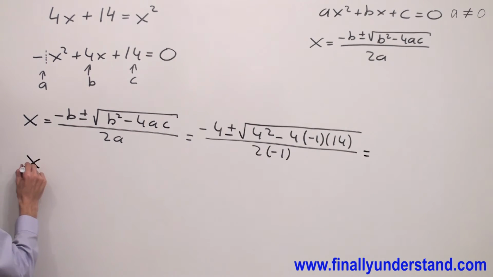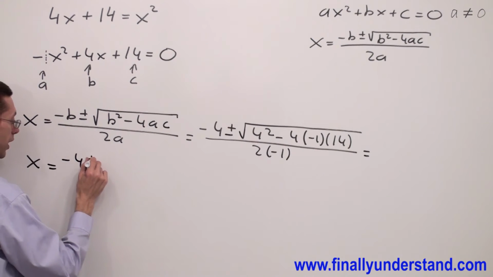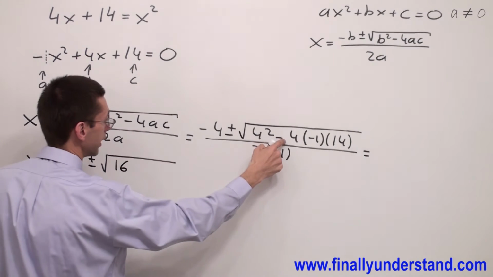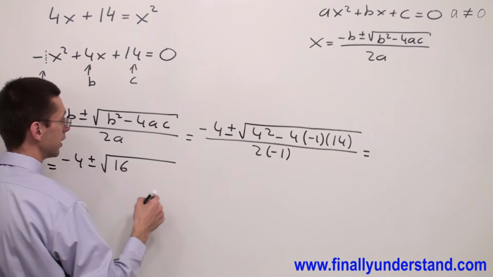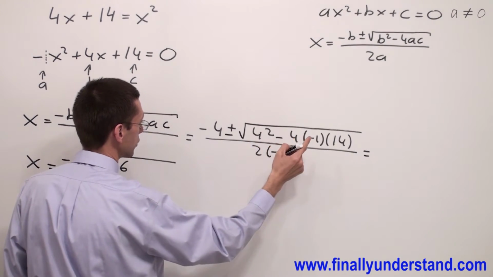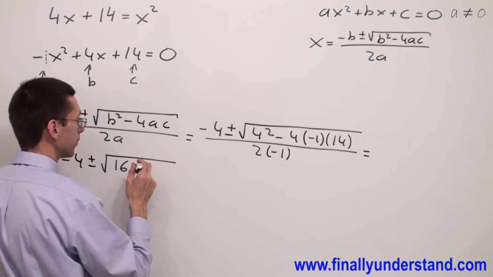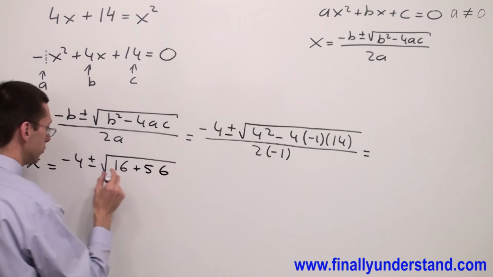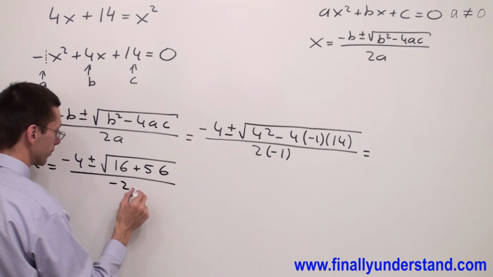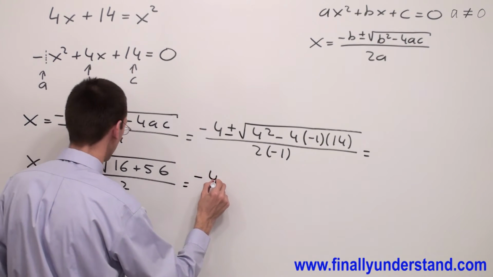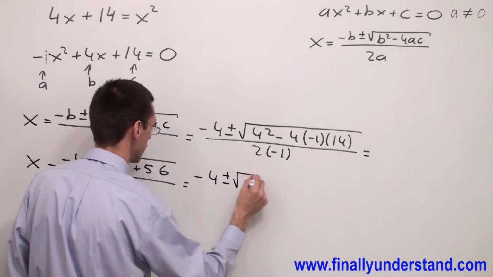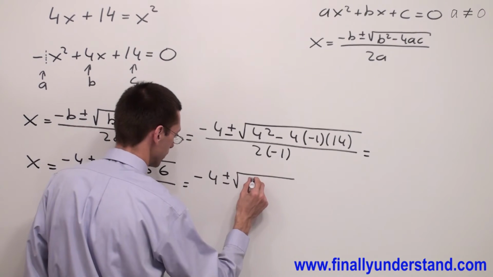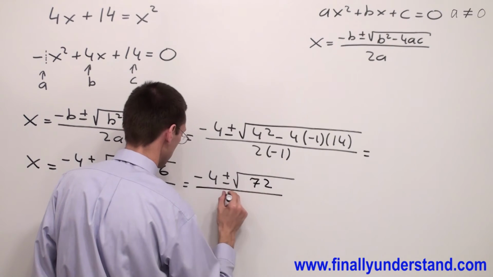I have x equals negative 4 plus minus square root of 16, negative times negative gives me positive, and I have 4 times 14 is equal to 56, over negative 2, equals negative 4 plus minus square root of 16 plus 56, which is 72, over negative 2.